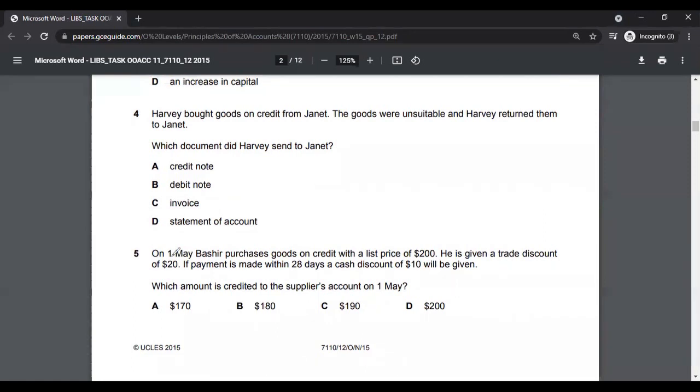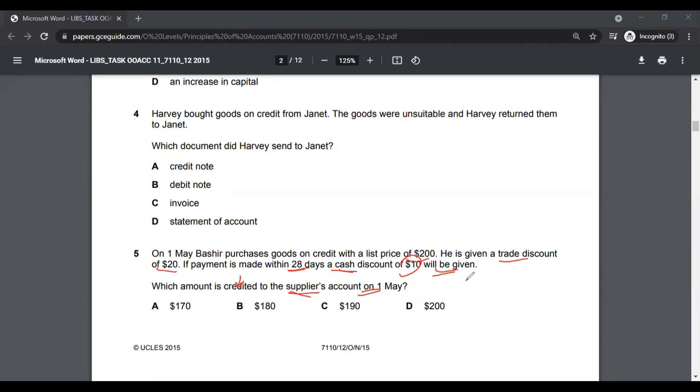Multiple choice 5. On 1st May, Bashir purchases goods on credit with a list price of $200. He is given a trade discount of $20. If payment is made within 28 days, a cash discount of $10 will be given. Which amount is credited to the supplier's account on 1st May?